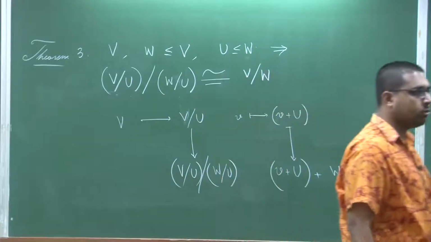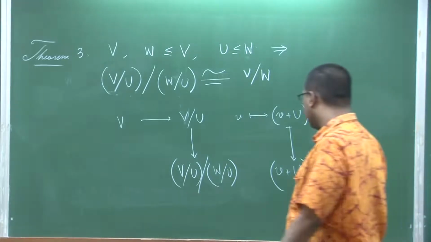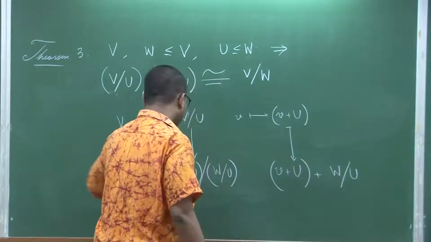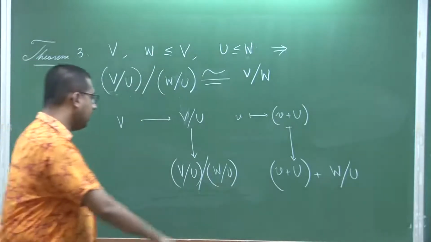As expected, we will show that this linear transformation is onto. Why so? That is very easy to see. How will a typical point in this double quotient look like?